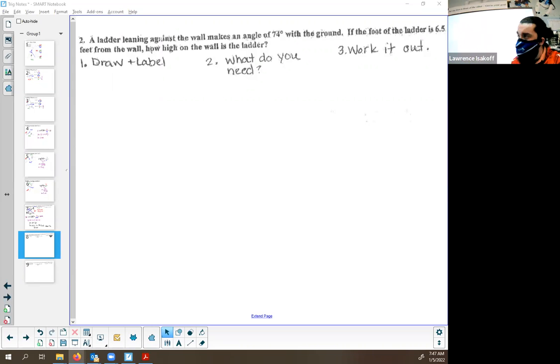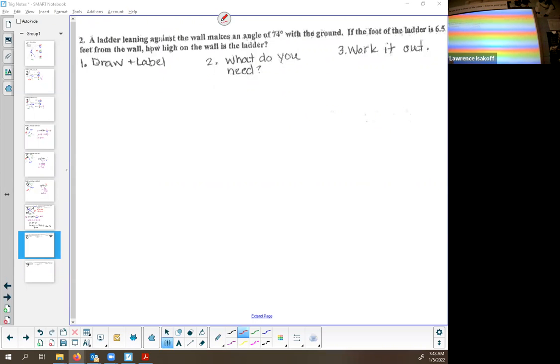There we go. Good. So a ladder is leaning against a wall and makes a 74-degree angle with the ground. If the foot of the ladder is 6.5 feet from the wall, how high up the wall is the ladder?